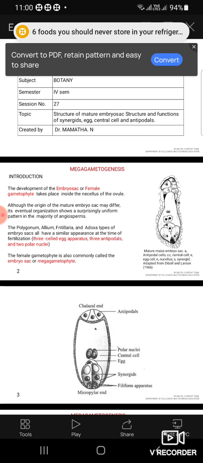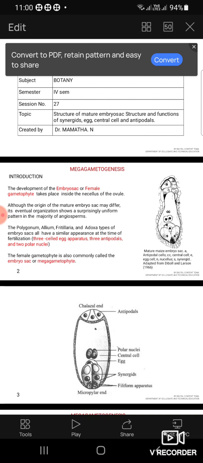Structure of embryo sac. The development of embryo sac or female gametophyte takes place inside the nucellus of the ovule. Although the origin of mature embryo sac may differ, its eventual organization shows a surprisingly uniform pattern in the majority of angiosperms.